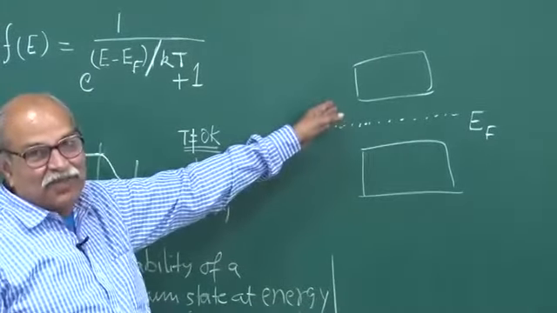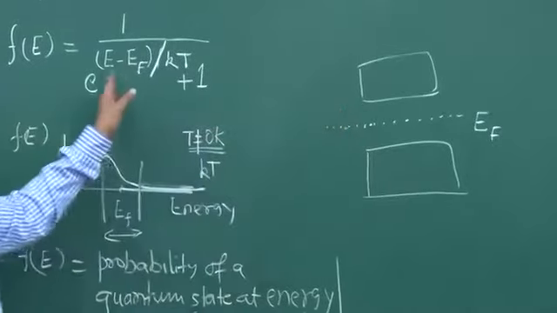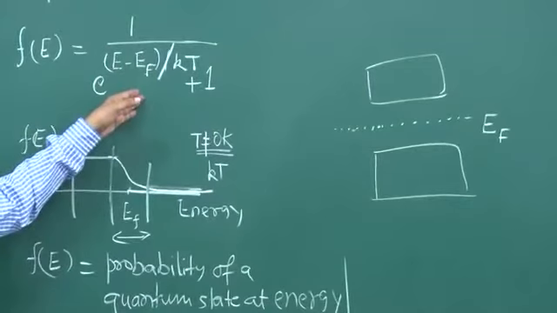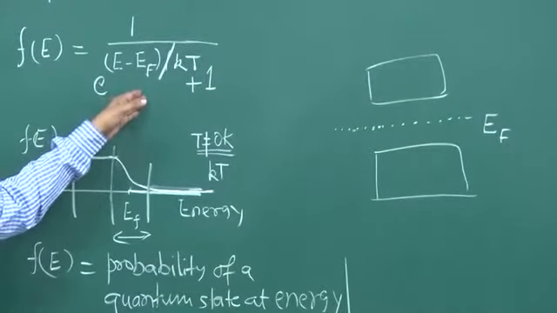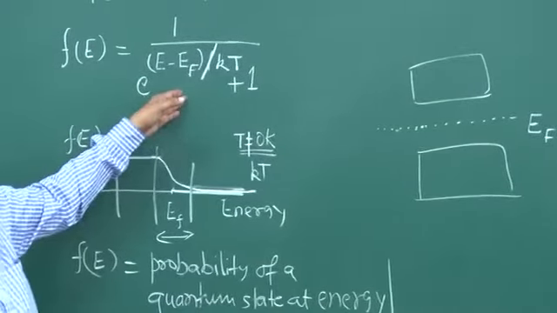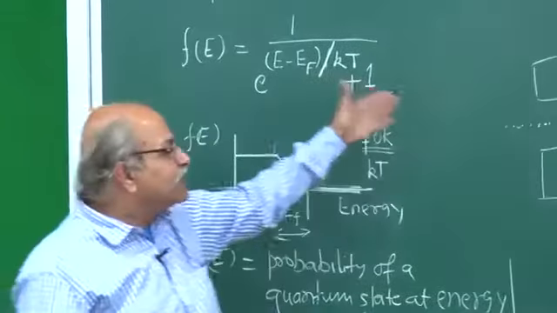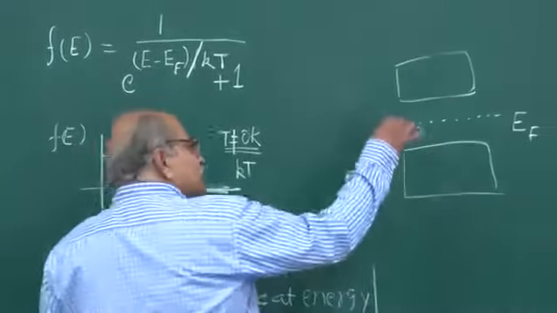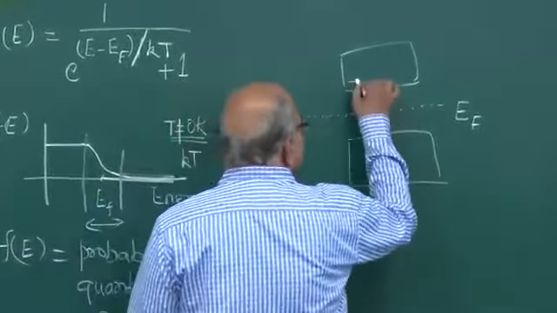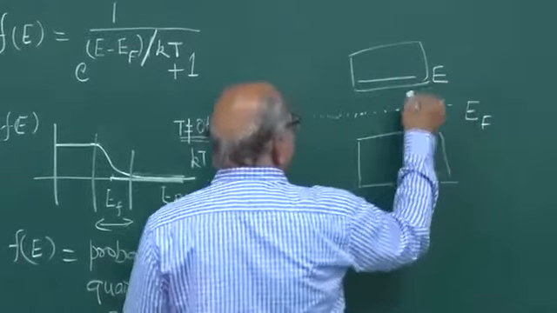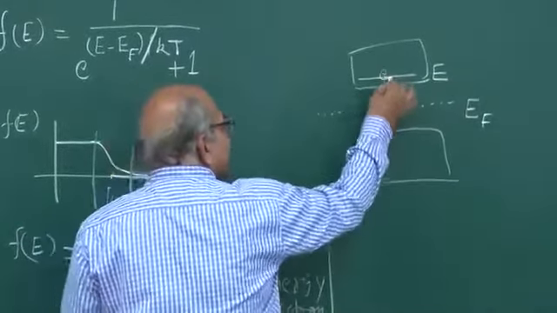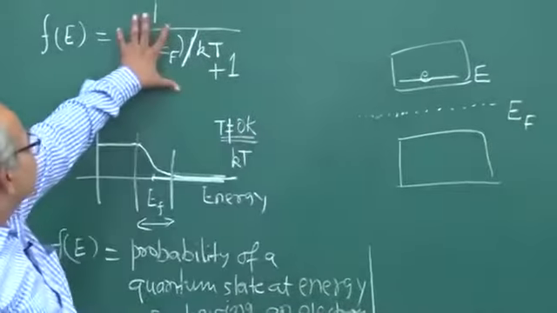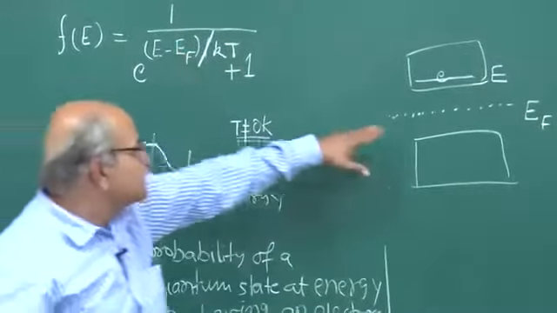So although the probability at E equal to EF is 1 by 2, there is no quantum state, so that question is out. But you have to measure from here. If there is a quantum state here at energy E, what is the probability that it will have an electron? You have to calculate that probability using this EF, and that EF is here.